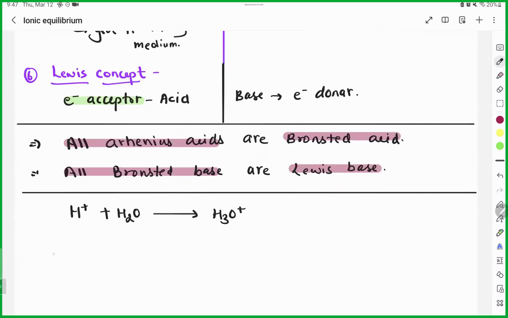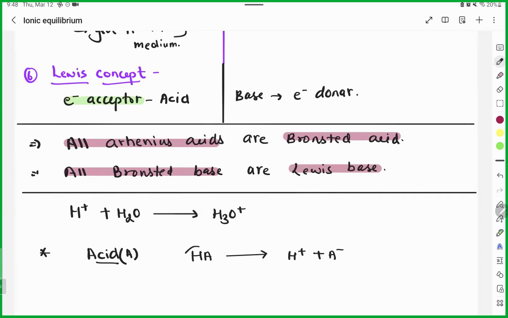Next, if you see an acid, we know the acid will release H positive ion, whether in water or any other medium. So what will happen if you have HA, where A means acid? It will break down into H positive and A negative. Correct?